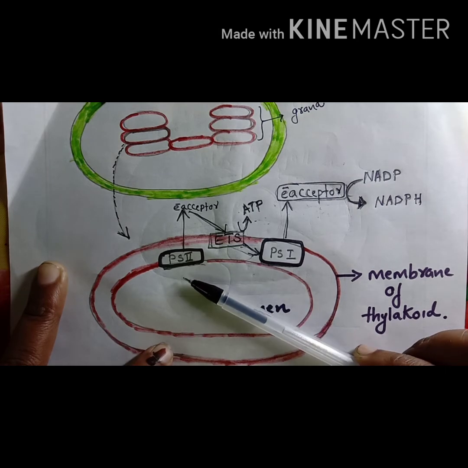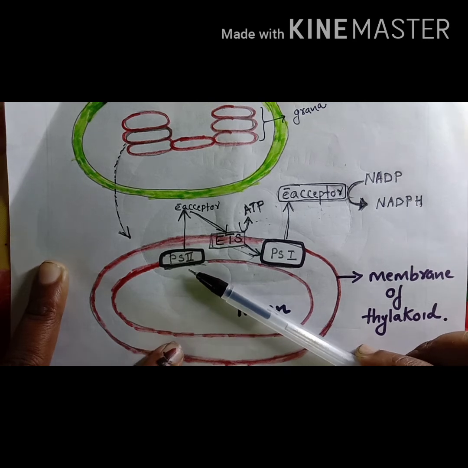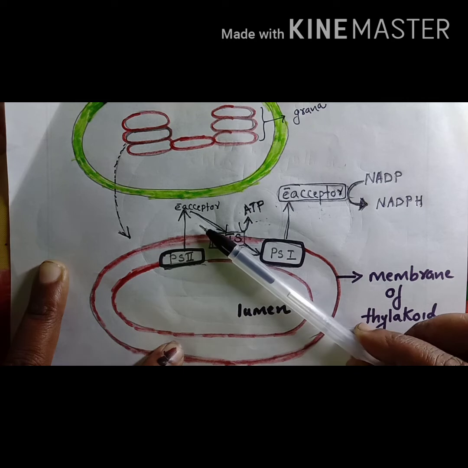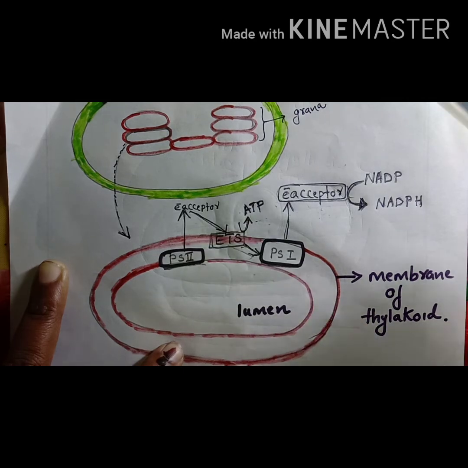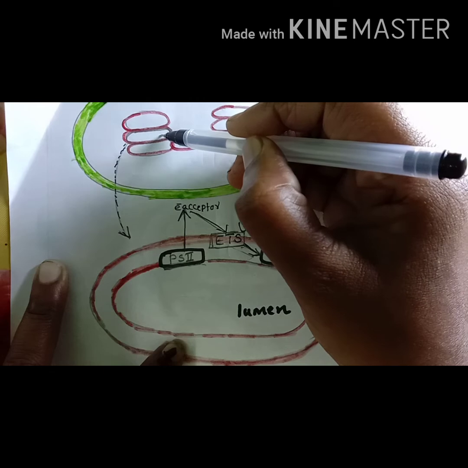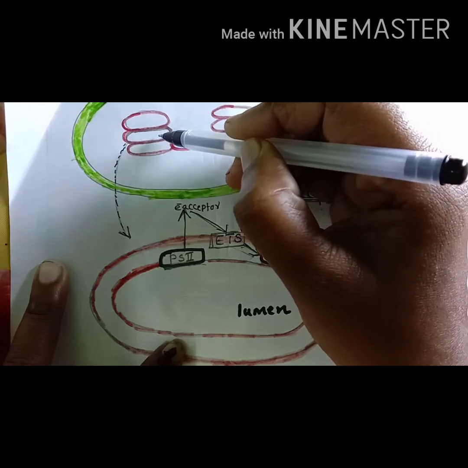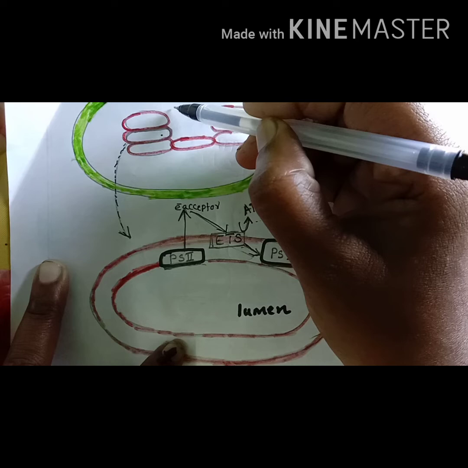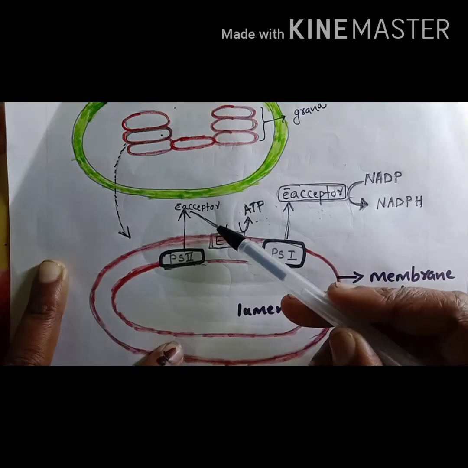So when light is coming, which becomes excited? PS2 becomes excited. As a result, the electron is jumping to the outside, that is, the stroma. Here this is the thylakoid membrane, the grana thylakoid. From here the electron jumps to the stroma, where the electron acceptor is located.